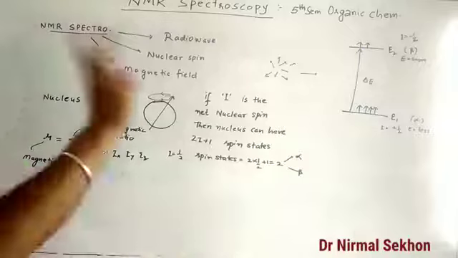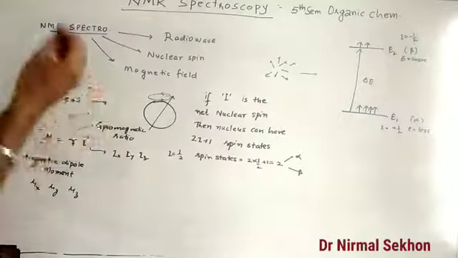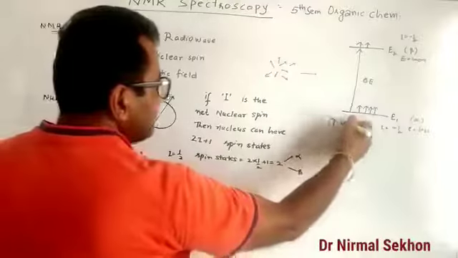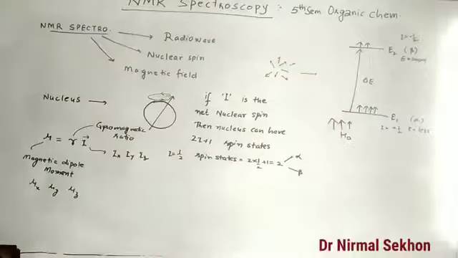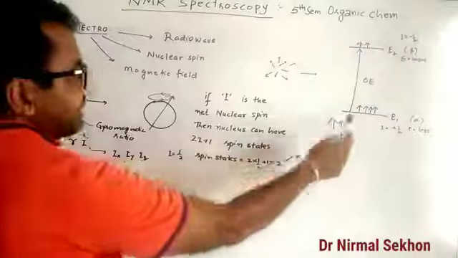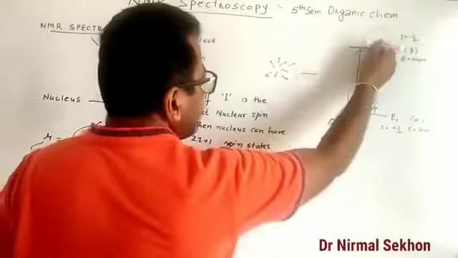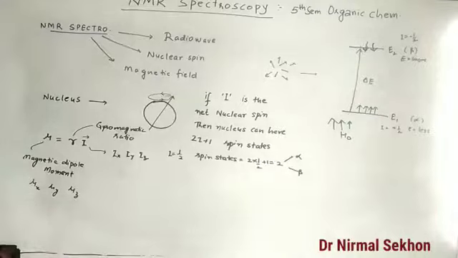So it is either aligned along the direction of the external magnetic field, which is drawn like this, so alpha is in the same alignment as the external magnetic field, and beta is in the opposite direction to that of the external magnetic field.